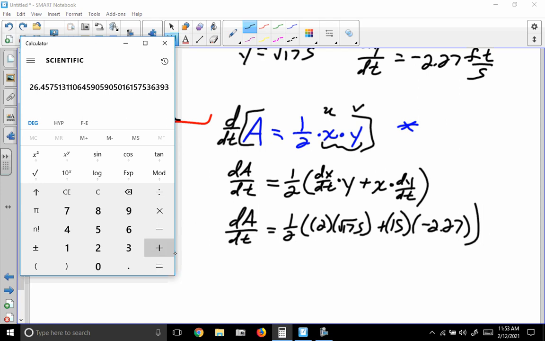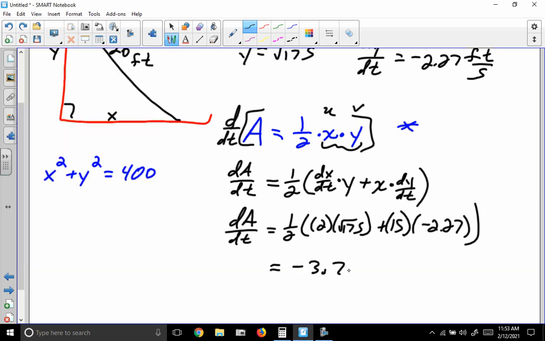And then we're going to add whatever we get when we do 15 times negative 2.27. I'm putting that in parentheses so it does that product before it adds it. So this is what we get on the inside of that parenthesis, and then we're going to multiply it by 1/2, and we'll get negative 3.796.